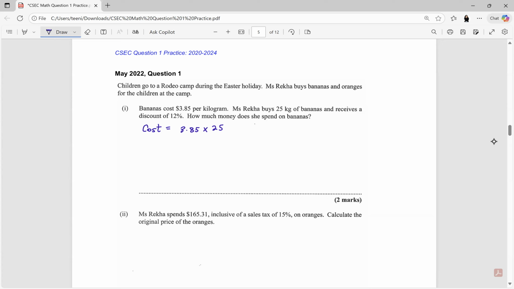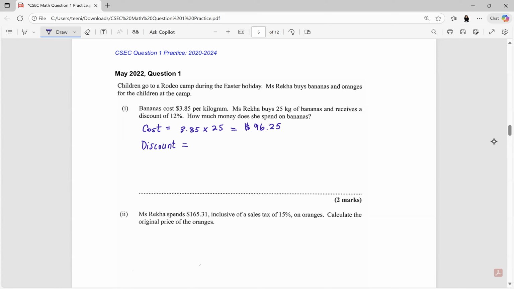Yes. And then you need to find out 12% of that because she gets a discount, and 12% of that is $11.55. And then, of course, subtract, and the total amount of money that she spent on bananas was $84.70. Guys, is Nia correct?